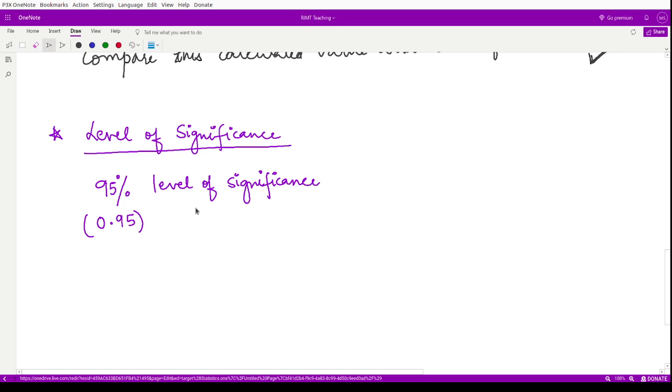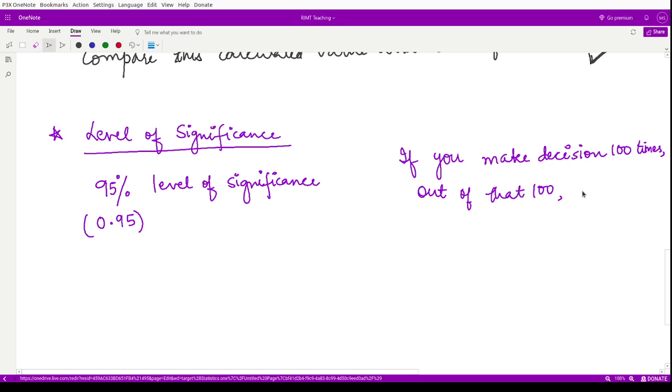So basically it means that if you make the decision 100 times, out of that 100, 95 times your decision is correct and 5 times your decision is incorrect.